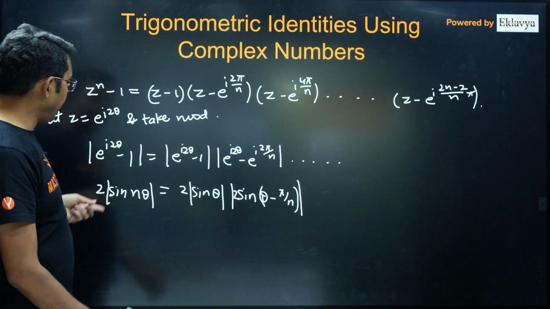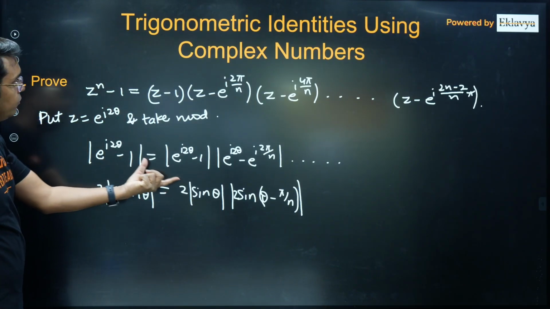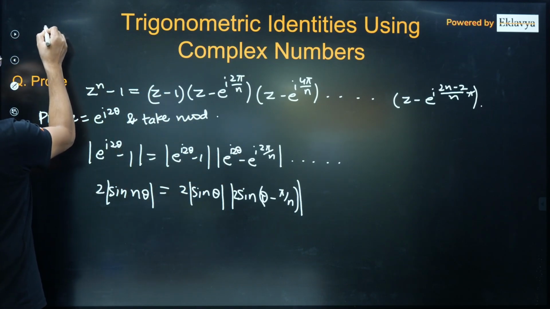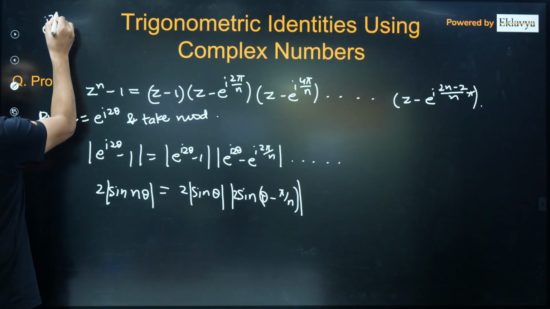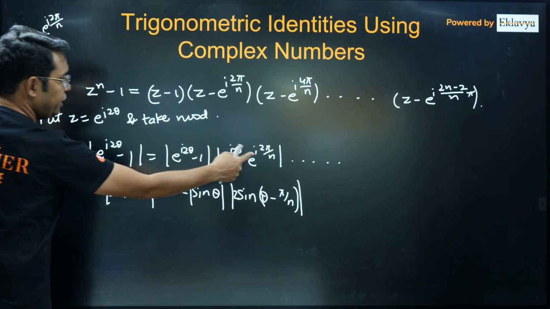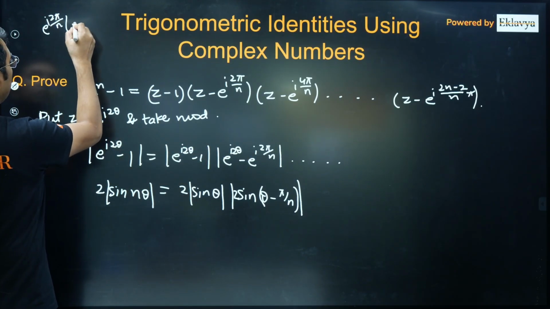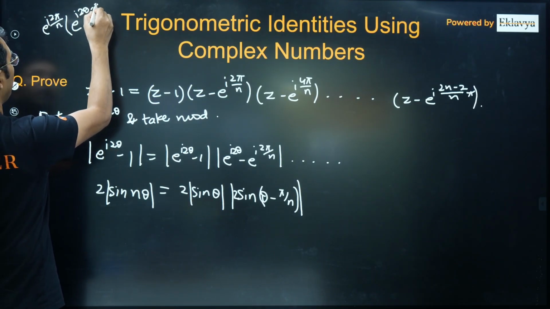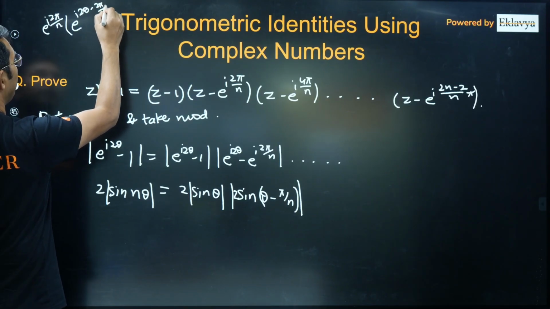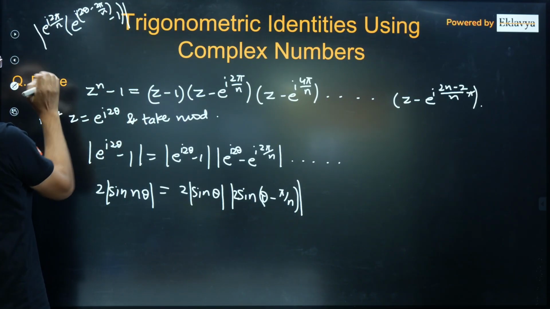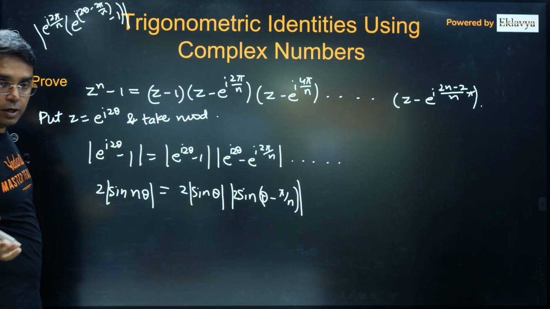Okay, you can derive it with the help of the result of this also. Let me show you how. If you write this after taking e power iota 2 pi by n common, if you take this thing common, your expression will be mod of e power iota 2 theta minus 2 pi by n minus 1. The mod of the common factor will be 1 only.